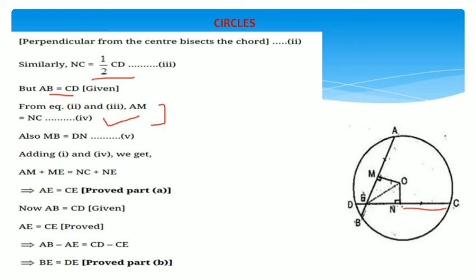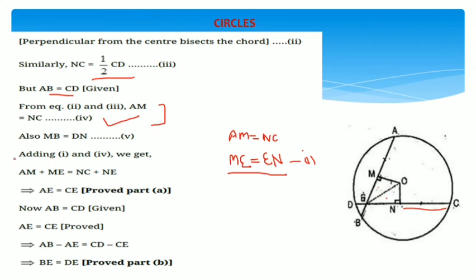Now, we have obtained result number 1, that ME equals EN. This is result number 1, obtained by proving these two triangles congruent. Now we have AM equal to NC, and already we have the result ME equals EN.